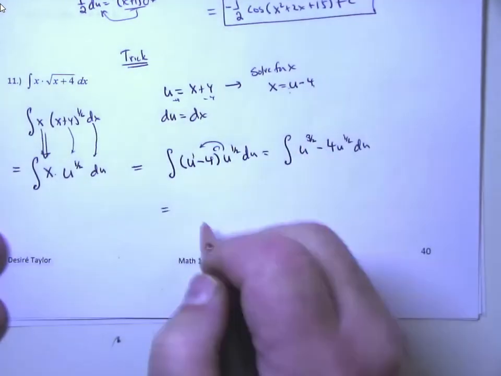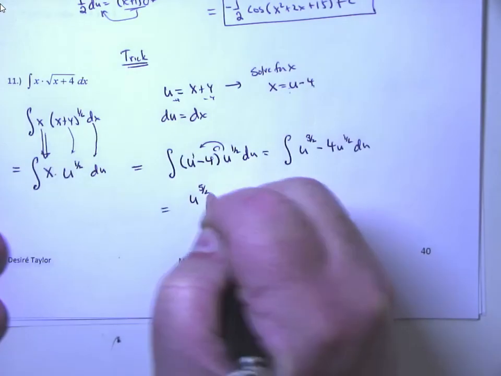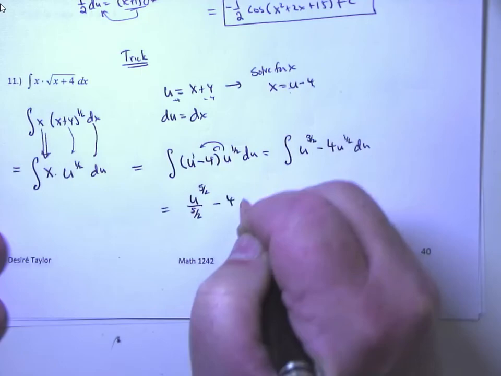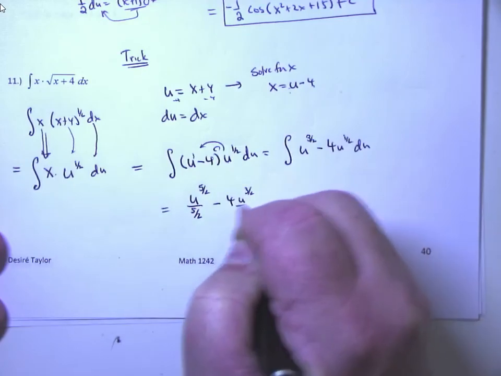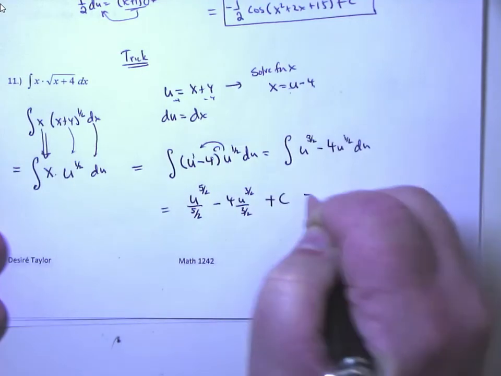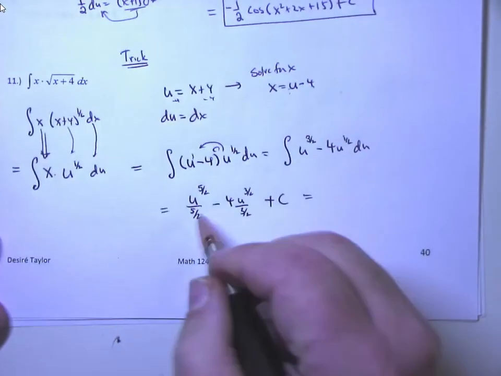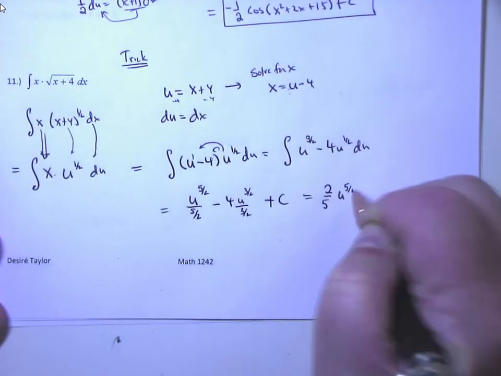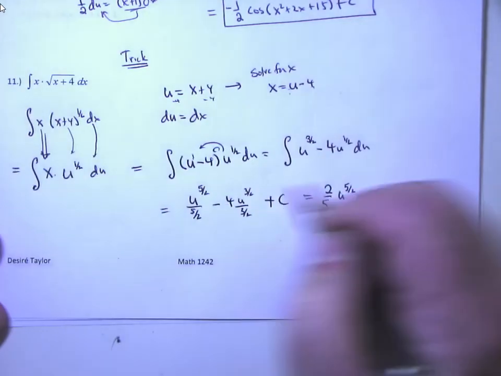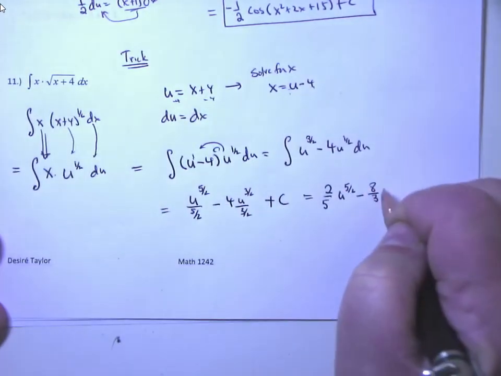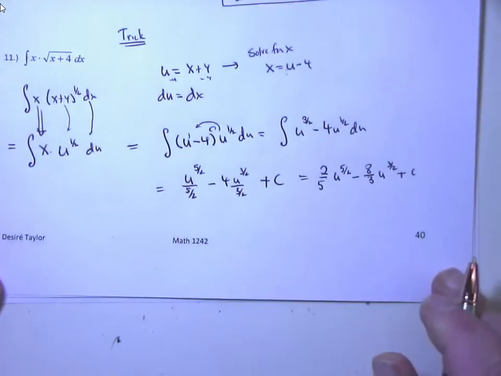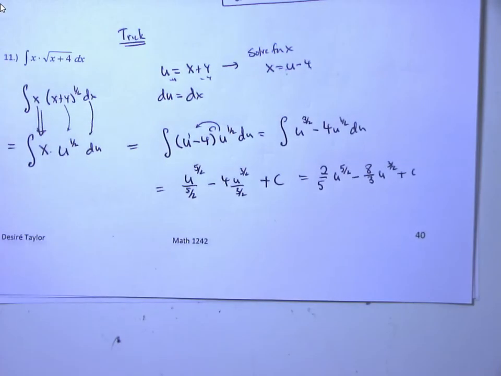So the integral of u to the 3/2 is add 1: u to the 5/2 over 5/2. Minus 4 times the integral of u to the 1/2, which is add 1: u to the 3/2 over 3/2, plus C. I'm going to clean this up by invert multiplying my fractions. So this is 2/5 u to the 5/2 minus, invert multiply, 8/3 u to the 3/2 plus C. And what's the last thing I'm going to do to the problem?